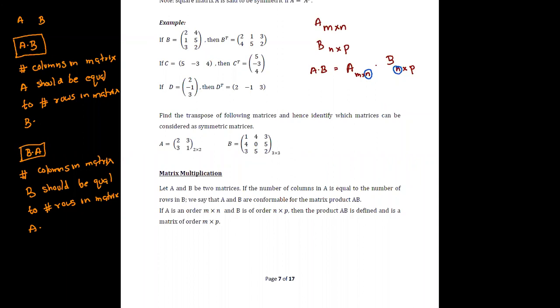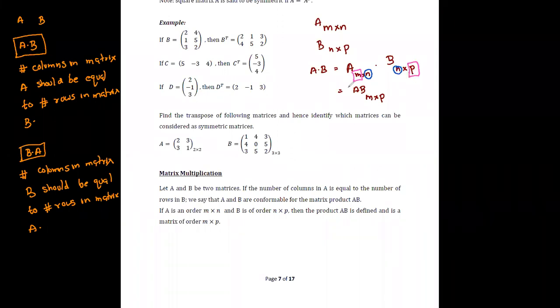Therefore, if you multiply these, you will get the matrix AB. This AB matrix will have the dimensions m by p, because the remaining numbers here are m and p, since n and n are the same.